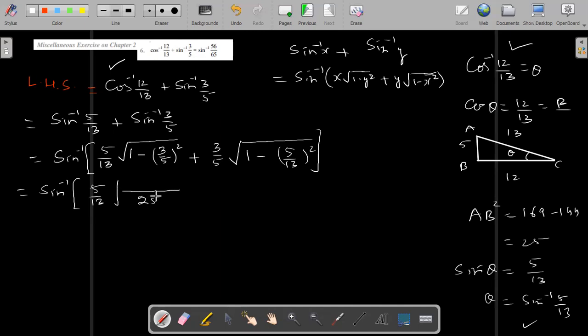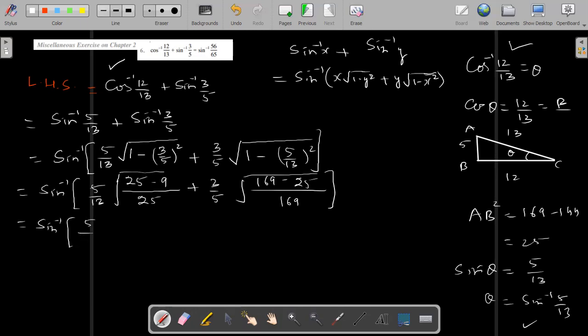So 25 will be the LCM. Here 25 minus 9 is 16, correct?